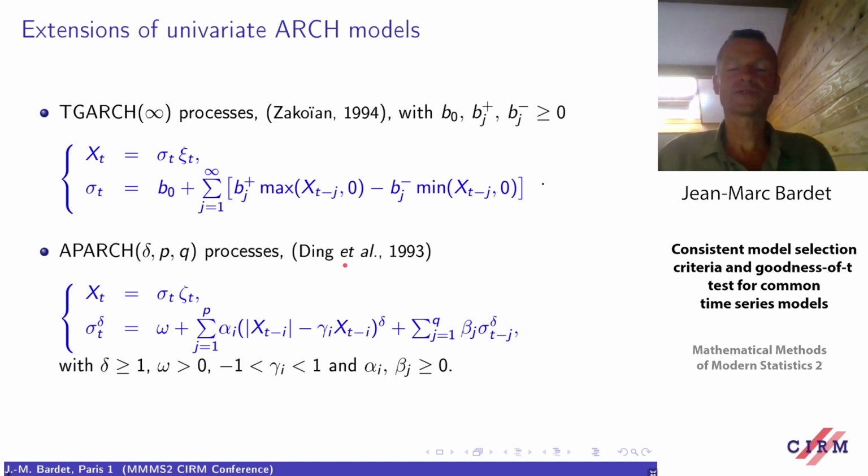Ding and Granger also introduced APARCH processes with another parameter, delta, which is supposed to be greater or equal to 1, and also p and q. So the same kind of definition as the GARCH processes with volatility, but the relationship is not between the square values, but the power delta values.